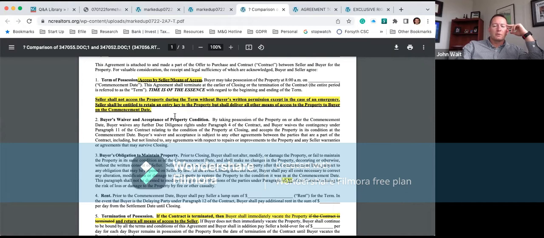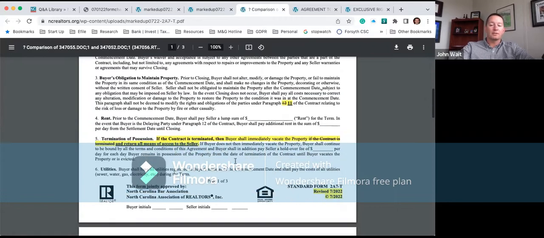Seller shall be entitled to retain an entry key to the property, but shall deliver all other means of access to the property to buyer on the commencement date. The same thing applies for the seller: if the seller remains in possession, they have to give the buyer a key for emergency purposes, but that's all. Once it gets to the end of the term of this lease agreement, the seller has to finally deliver all the keys and access to the property back to the buyer.